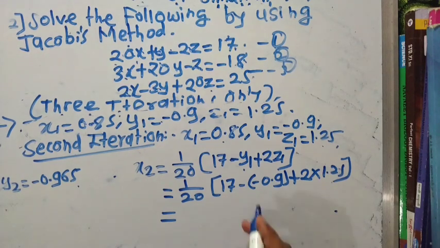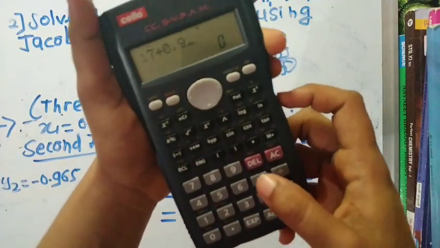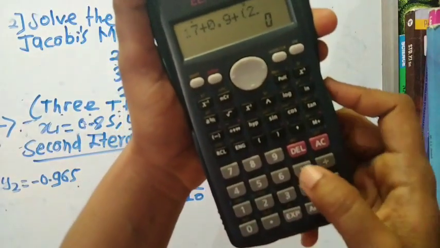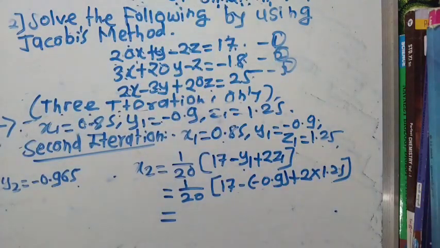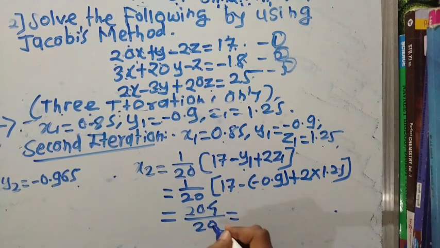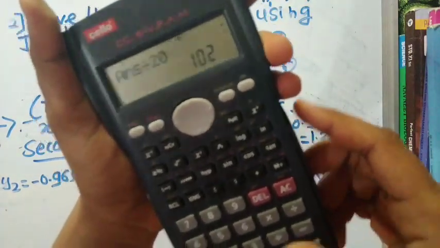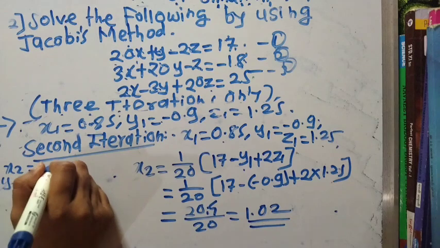Here minus minus plus, so 17 plus 0.9 plus 2 into 1.25, which is equal to 20.4 divided by 20, which is equal to 1.02. So x2 is equal to 1.02.